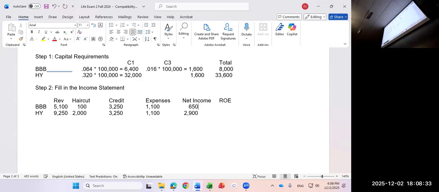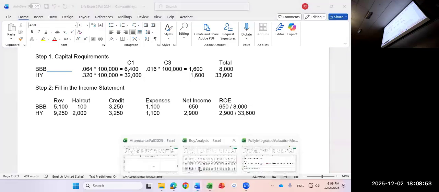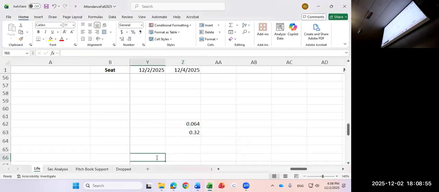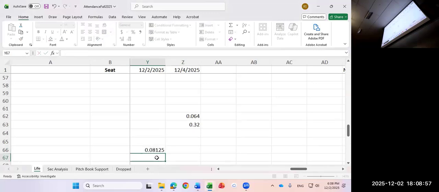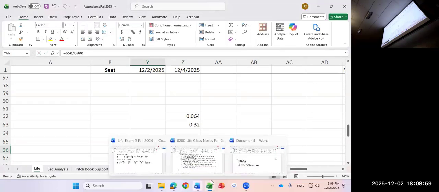All right, and then your ROE, you just take the 650 and divide it by the 8,000 that we had up here. And here we take the 2,900, divide it by the 33,600. 8.125.